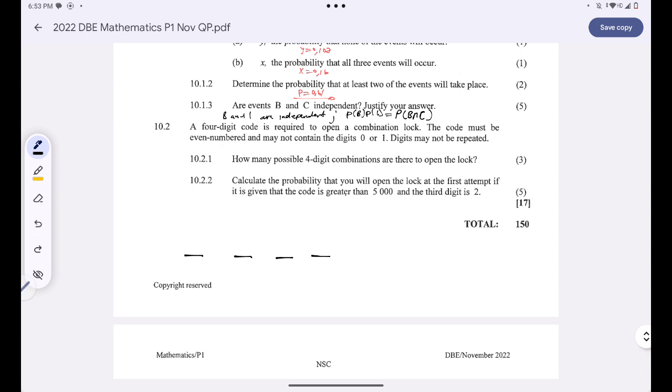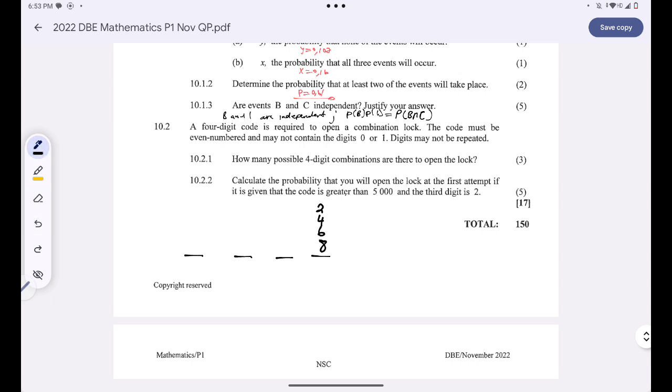Are you together? So since I'm not supposed to use 0 and 1, the numbers that will be in this placeholder, I'll only have 2, 4, 6, or 8. These are the possible 4 numbers that will be there in that placeholder.